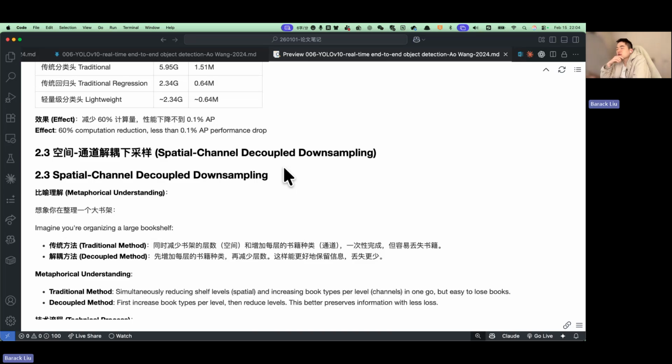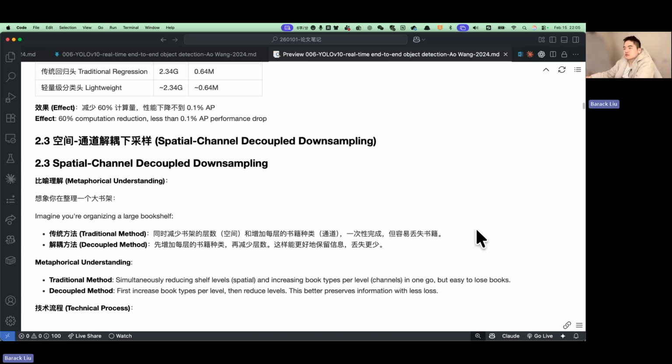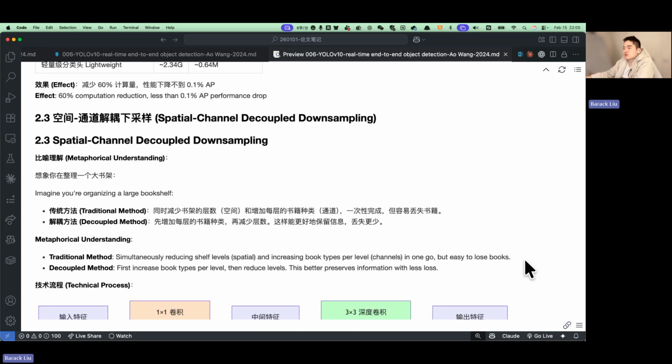Technique 3, spatial-channel decoupled downsampling. Imagine you are organizing a large bookshelf. The traditional method is to simultaneously reduce shelf levels and increase books per level in one go, but it's easy to lose books.